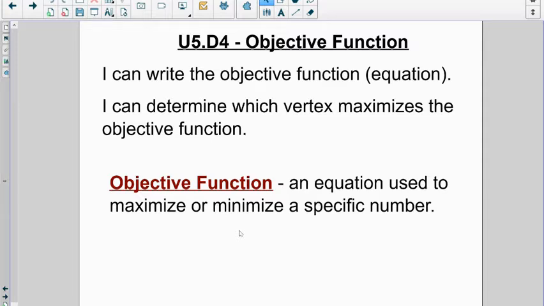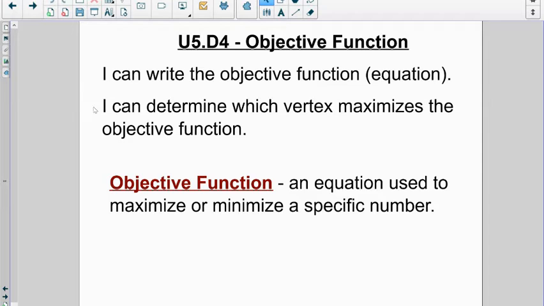Okay, so this objective function is an equation that's used to maximize or minimize a specific number. It might be to maximize the profit of a business plan, like we'll look at here with Brantley's Bakery. So our two different learning targets today. One, we need to be able to write the objective function, which is an equation as I just mentioned.